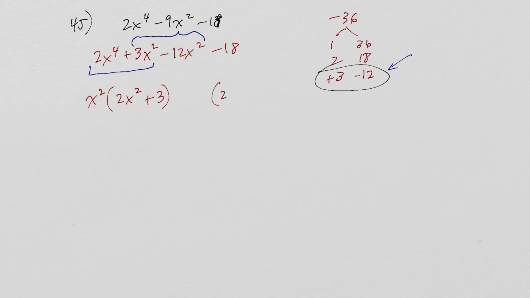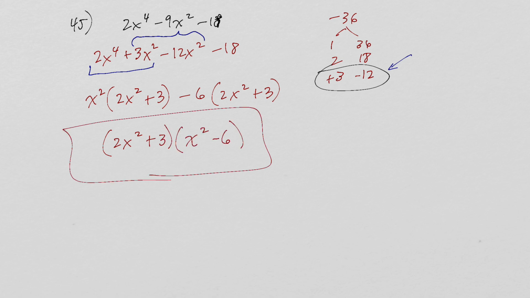So I'll leave a big space and I'll put 2x squared plus 3 down again because whatever you leave behind here, you have to leave behind there. Then I'll think about what has to go here so that when I distribute, I get back to those. And it's a negative 6. So I'm going to end up with 2x squared plus 3 as the common factor times x squared minus 6. And that's it.